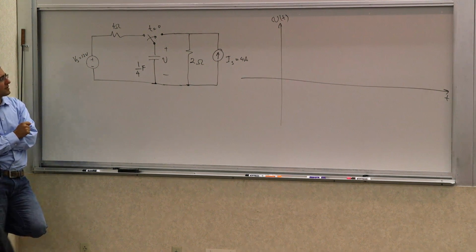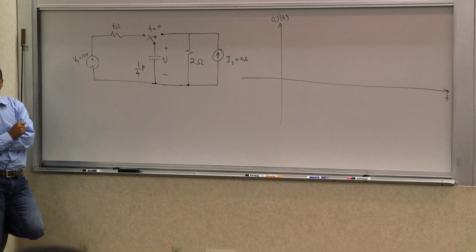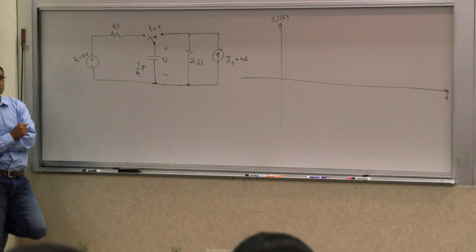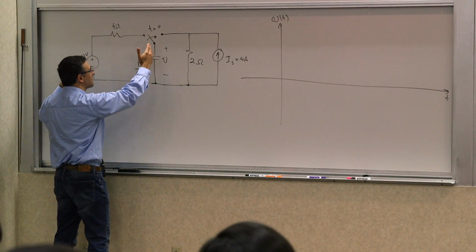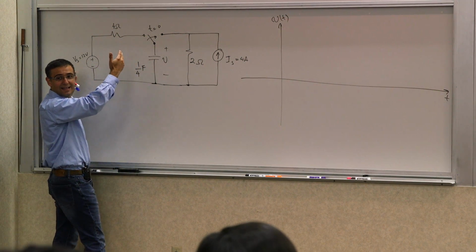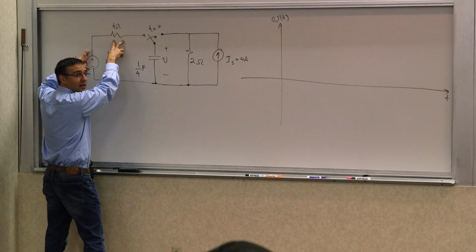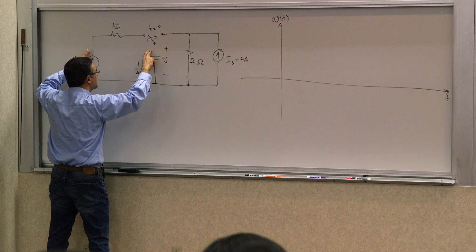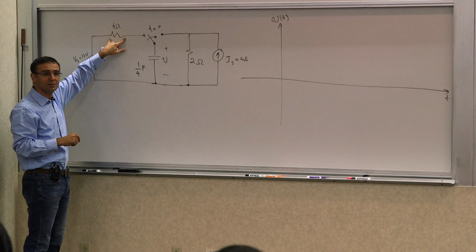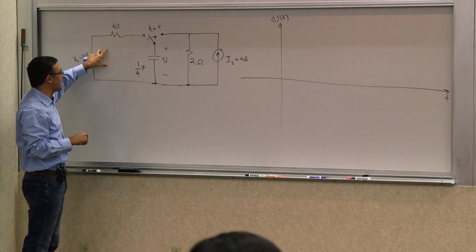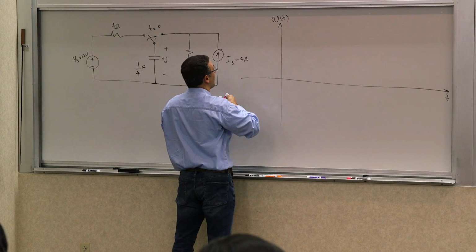What is the voltage across that capacitor? 12 volts, right? Because it must have reached steady state, and in steady state the current should be 0. So there's no current flowing, there's no voltage drop across the resistor. This voltage should be the same. So initially you start off at 12 volts.